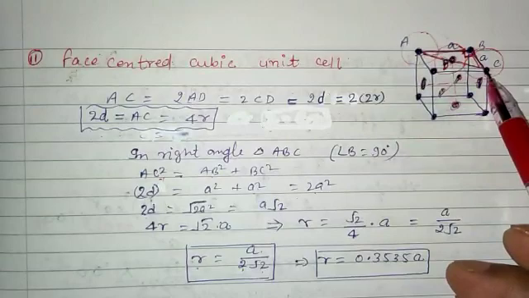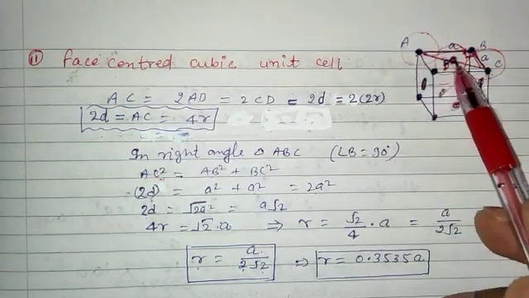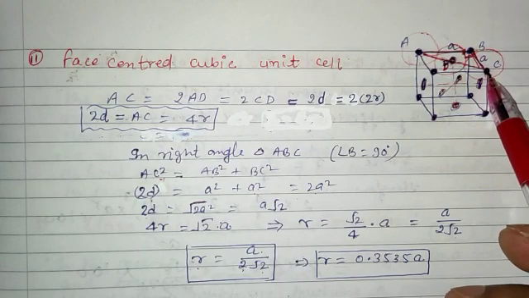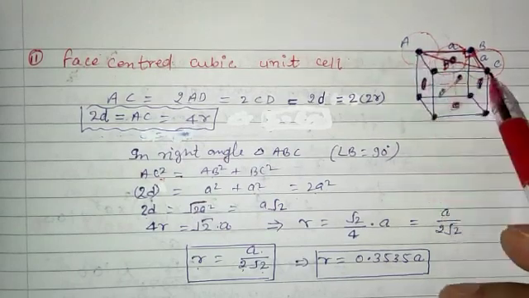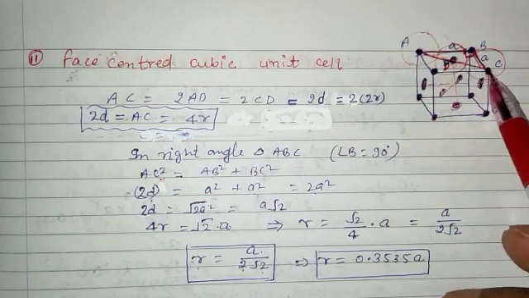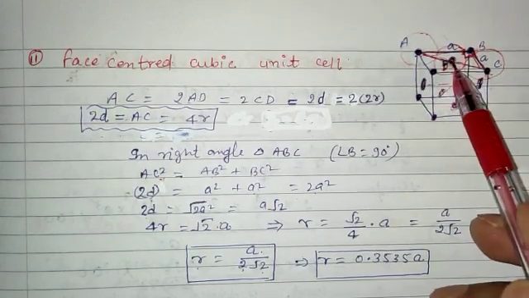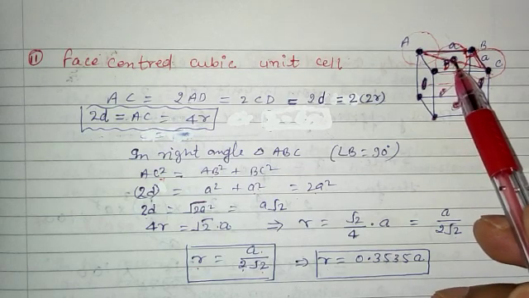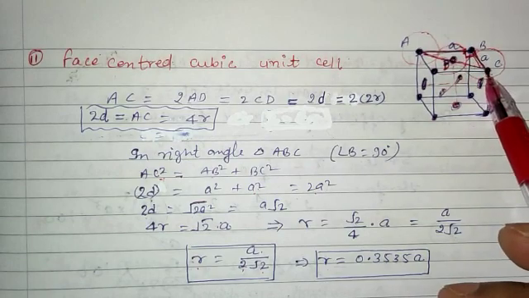On the face diagonal there are three atoms: atom A, atom D and atom C. Okay, so AC equal, you can say AC equal double of AD or double of CD, and CD or AD is equal to d, that is distance between two nearest atoms.